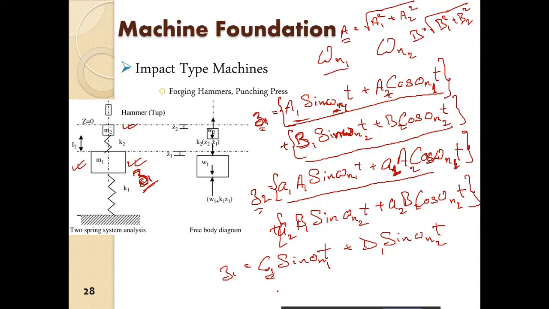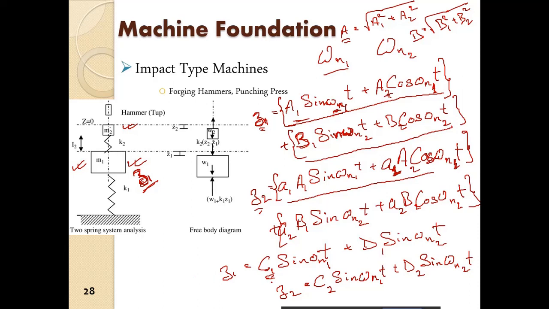Similarly, z2 we can write, if this is C2, as C2 sine of omega n1 t plus D2 sine of omega n2 t.